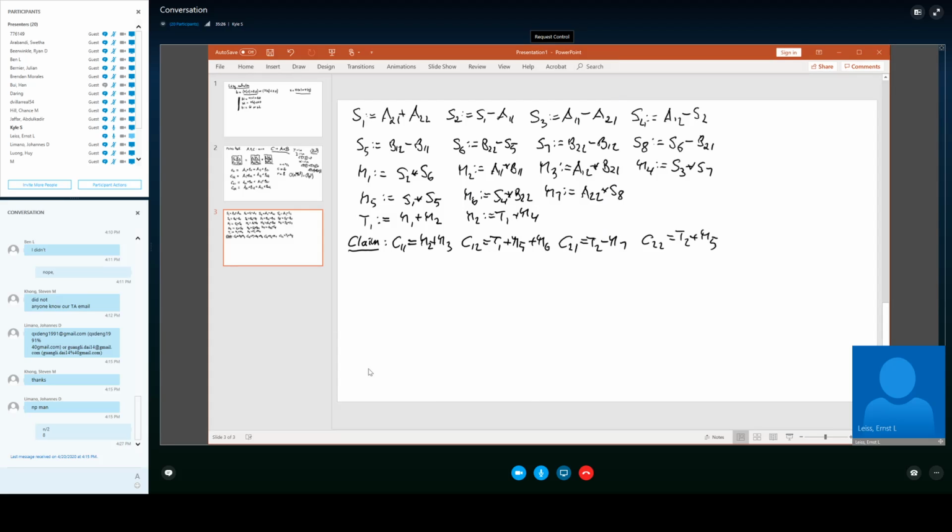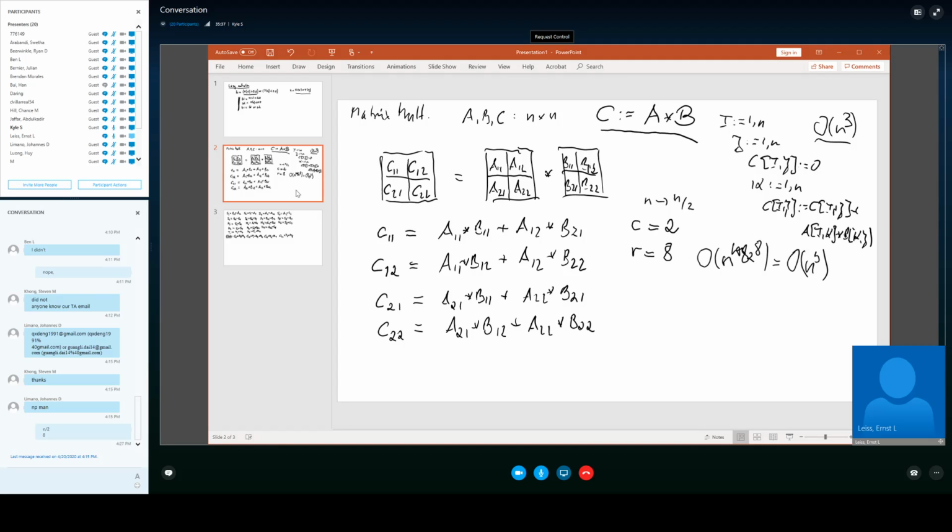What do we get when we look at this? Well, this is of course a recursive formulation, just like this one was. Here we replace C is A times B by those 8 multiplications.